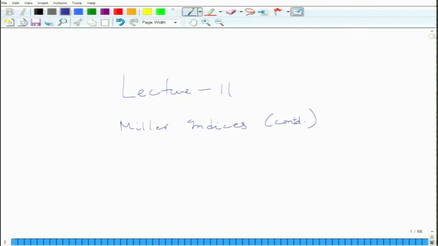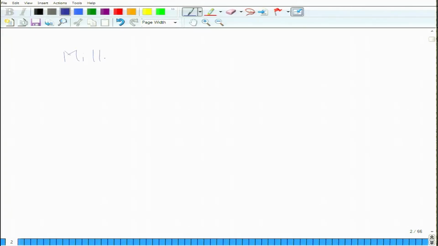Okay, so we start this lecture 11 today, which is again on Miller indices. We will continue some part of the previous ones before we move on to the Miller indices for directions. So, last lecture we were talking about Miller indices for planes, and you also have Miller index for directions.